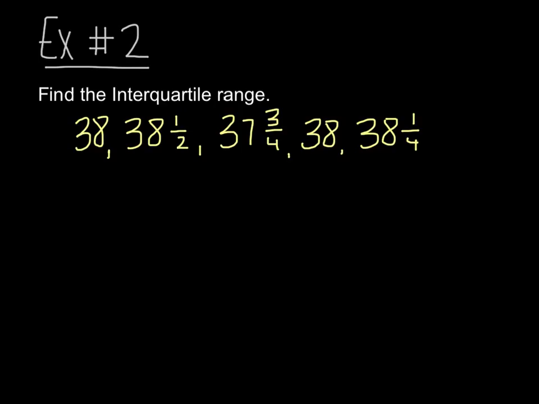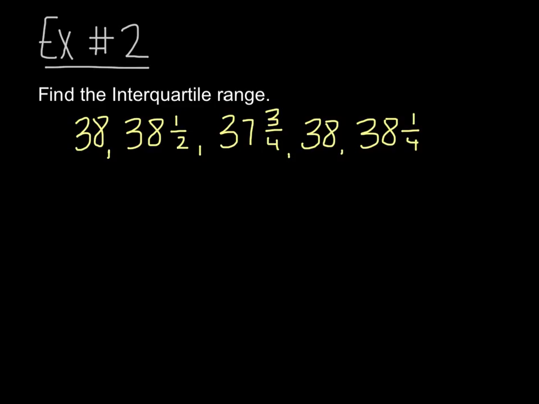Example 2, find the interquartile range. Remember that is when you subtract the first quartile from the third quartile. So in order to do that, our first step is to find the median.